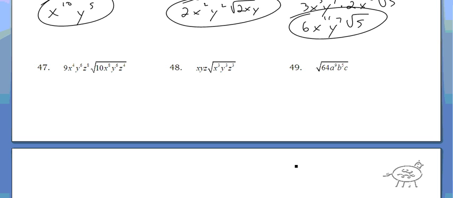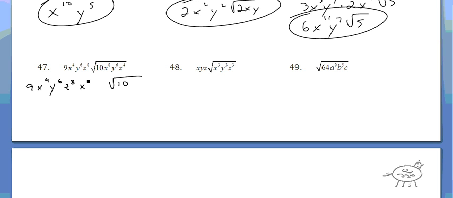Okay, 47, it's getting a little more evil and nasty. I can't do anything with the 10, but what I can do is, let me write this out, x to the 9, x to the 4th, y to the 6th, z to the 8th, and I have a 10 left over. Actually, they're all even numbers.